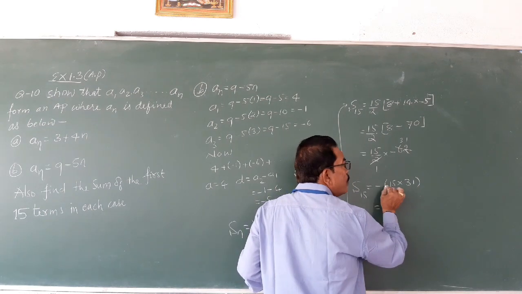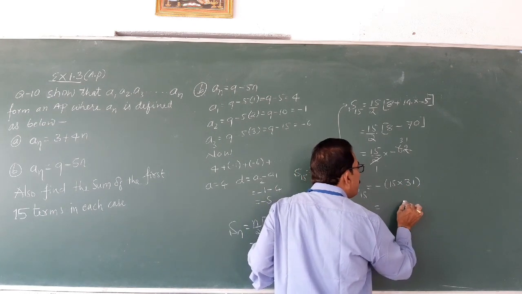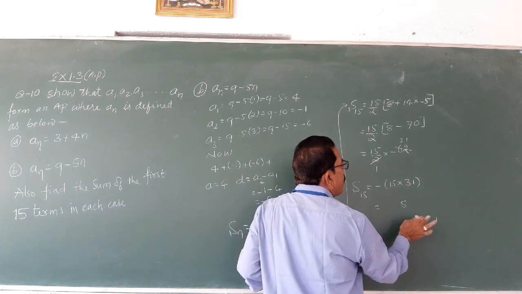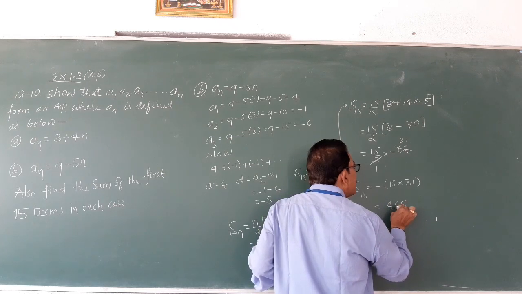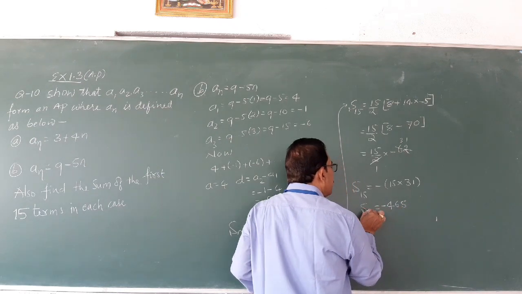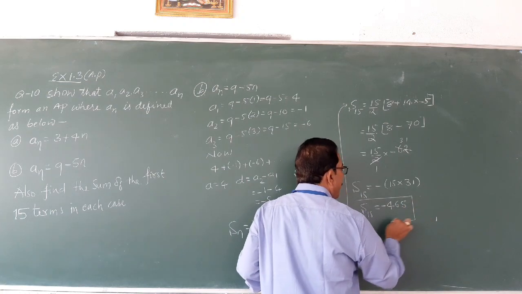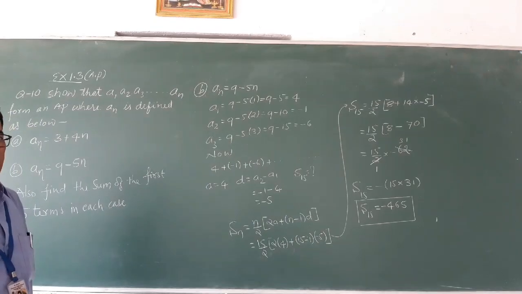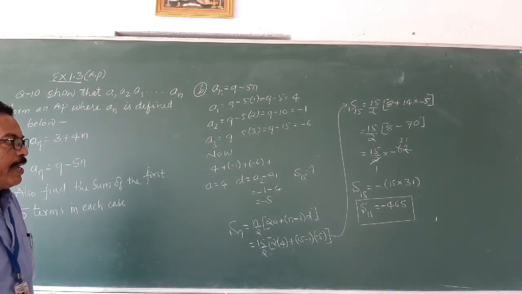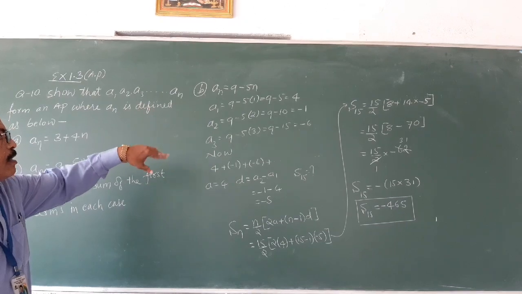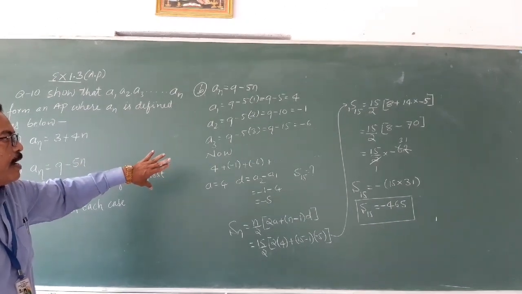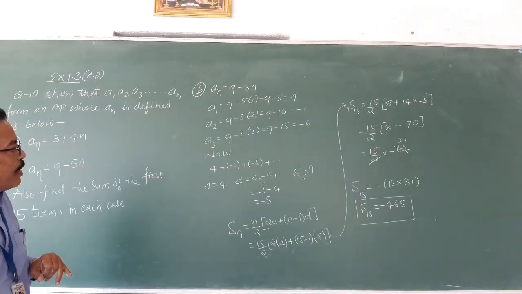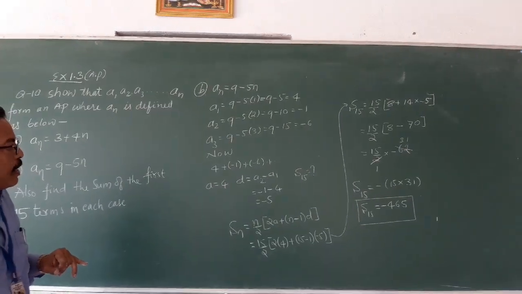That is equal to 15 times 31: 5 1s are 5, 15 3s are 45, so minus 465. See the method of solution and observe where you have not understood and clarify your doubt.